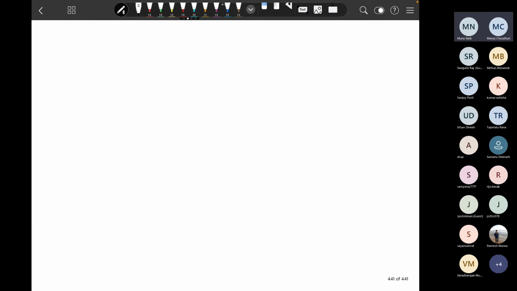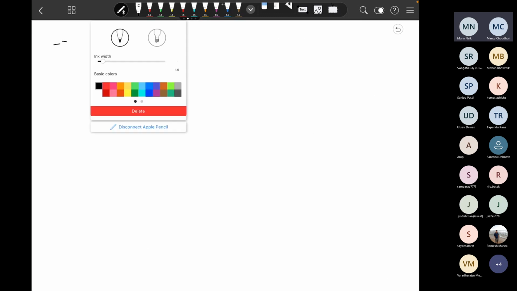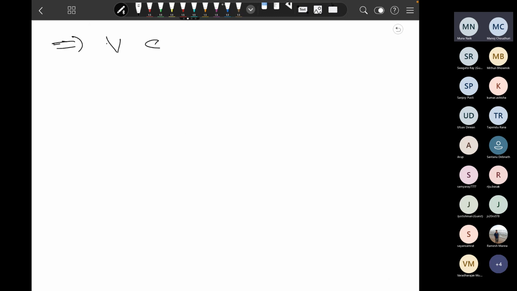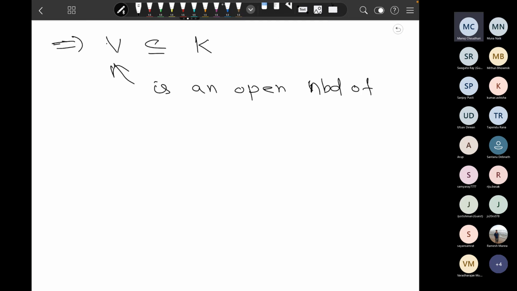So B is a subset of K, and this B is an open neighborhood of E in G sigma. If you let G be a Lie group, and you take any open neighborhood of the identity, that will generate the connected component.